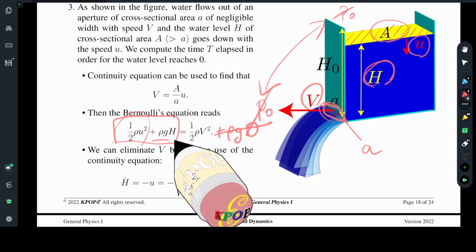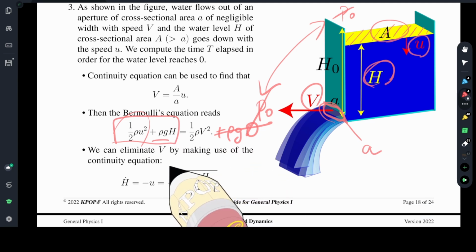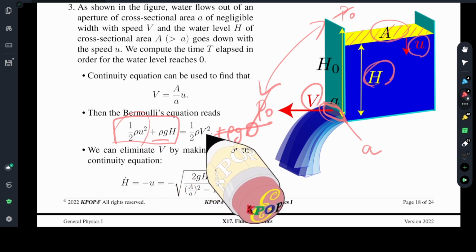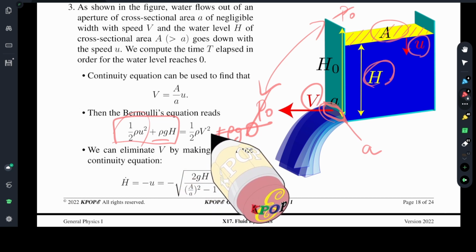This relation gives, we can eliminate this v in here.